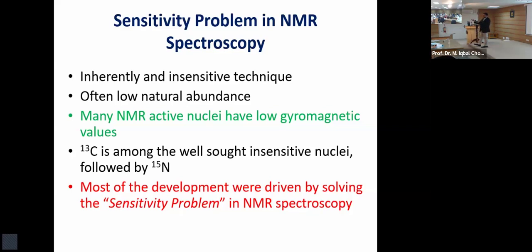Integration is so nice, and fitting of the signals also. You get so much information about the environment of every element, and you can detect proton in the presence of carbon, carbon in the presence of proton, and so on. That is the reason why they have put so much effort.